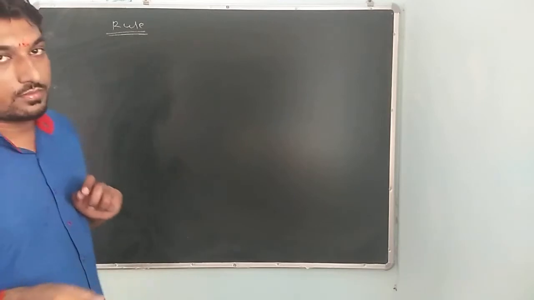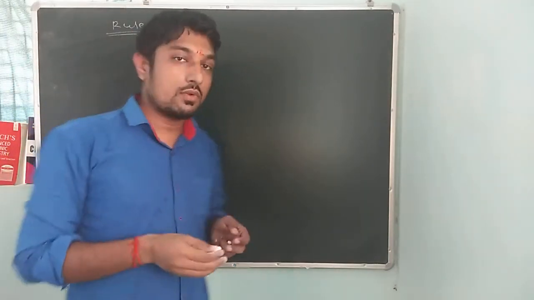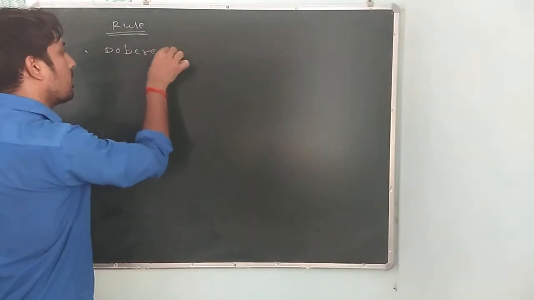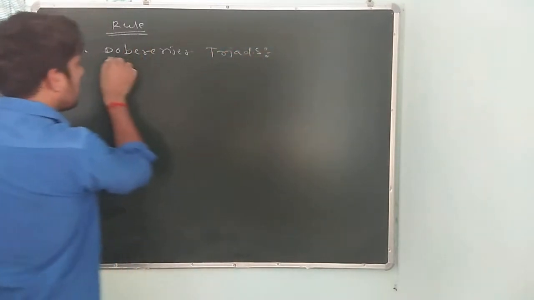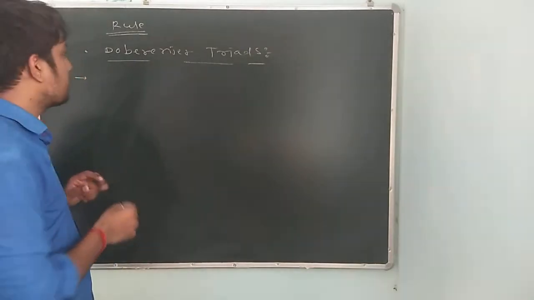There are some rules given by some scientists. And what are these rules? The first rule is Dobereiner's triads. So what is Dobereiner's rule?